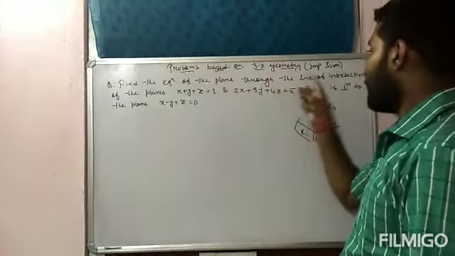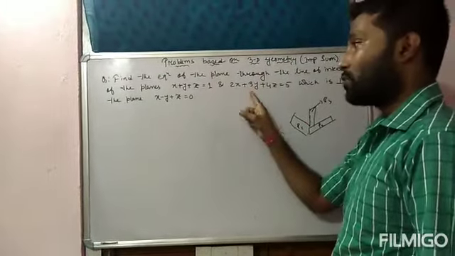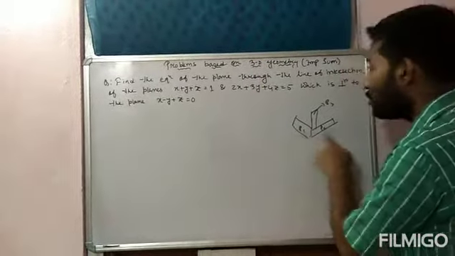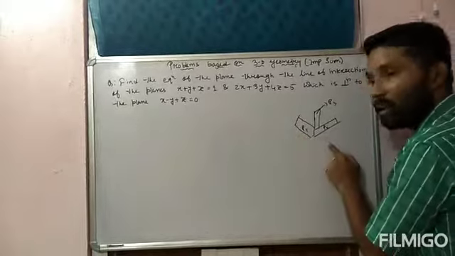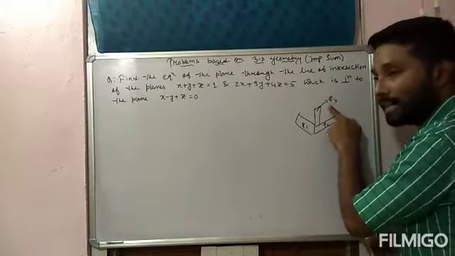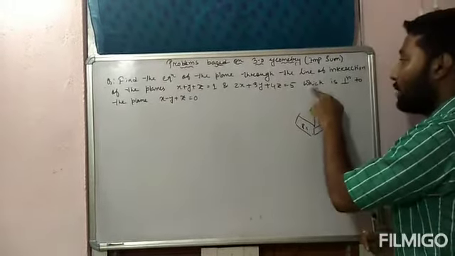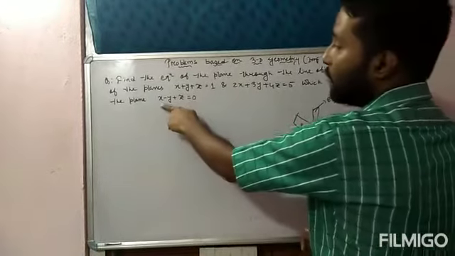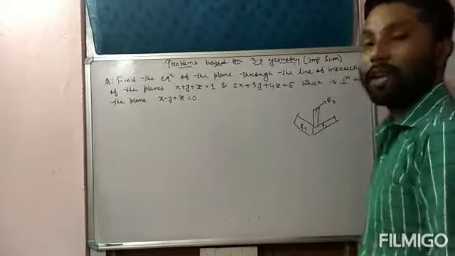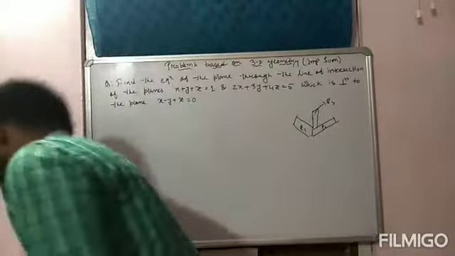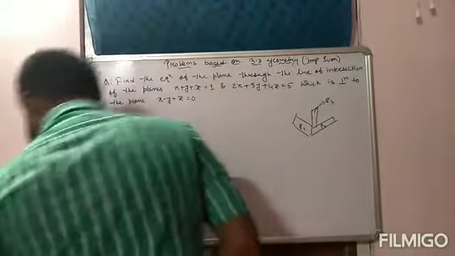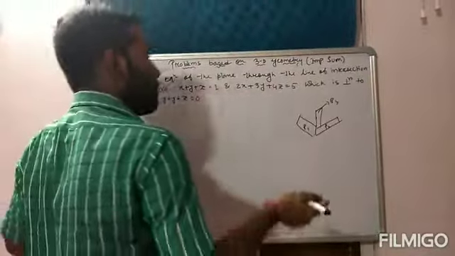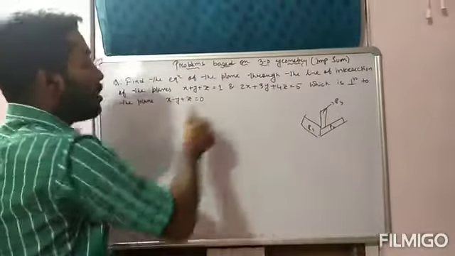That means यहाँ पे P1 और P2 का equations दिया हुआ है क्वेश्चन में. You are asked to find the equation of P3 which is perpendicular to another plane x minus y plus z equal to 0.